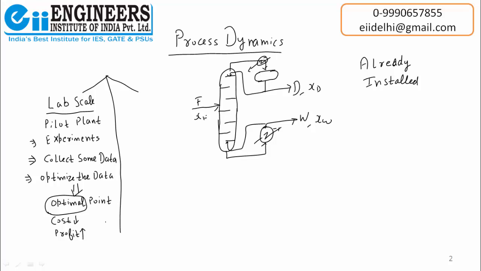But on the contrary side, the other method is known as modeling and simulation. Now what happens in modeling and simulation? First of all, there is no need of a physical pilot plant. What we require is a model. Now what is a model? Let us understand this with the distillation column again.